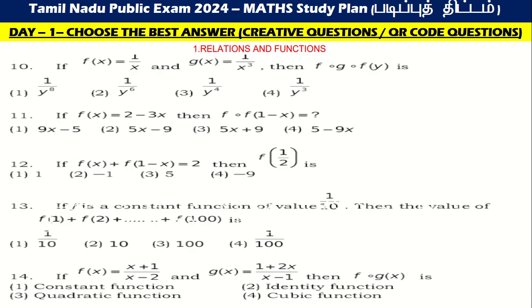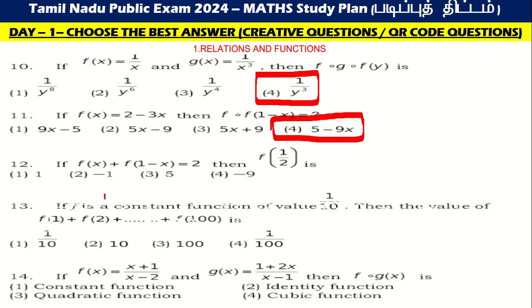Next one, f of x is equal to 1 by x and g of x is equal to 1 by x cube, then f of g of y is equal to, so that one will be option D. If f of x equal to 2 minus 3x, then f of 1 minus x is 5 minus 9x.